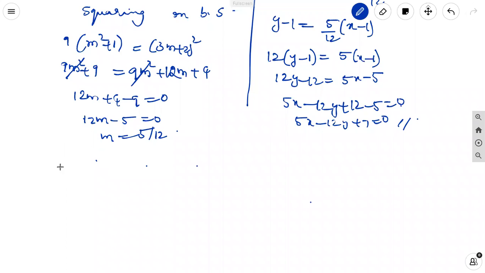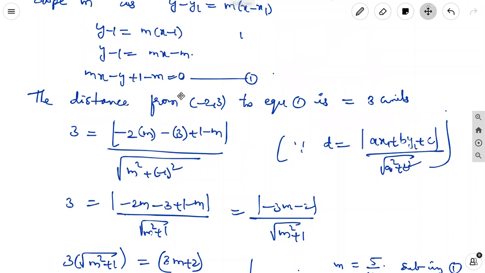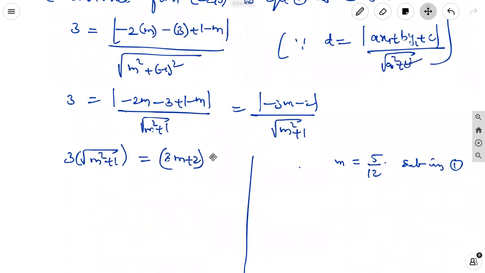In the above equation, the m square coefficient is equal to 0. The m square coefficient equal to 0 means m will be minus b by a.